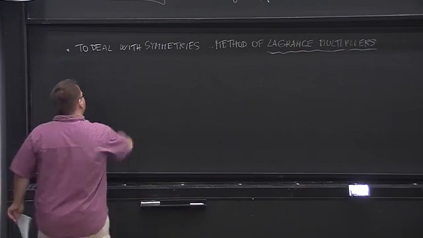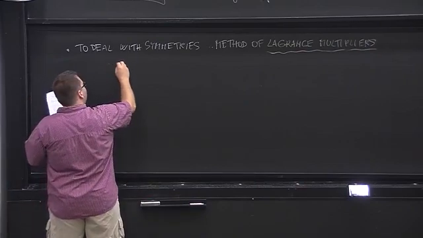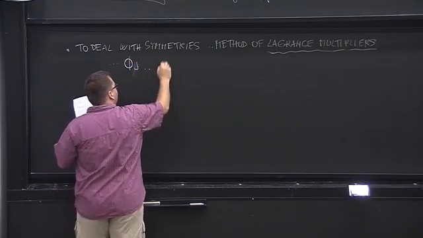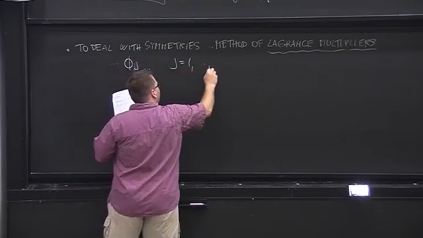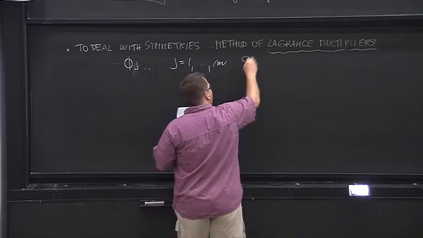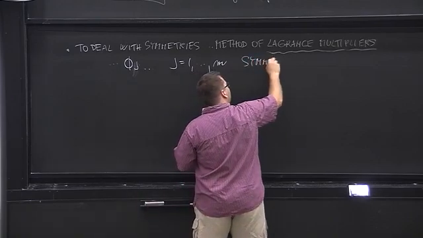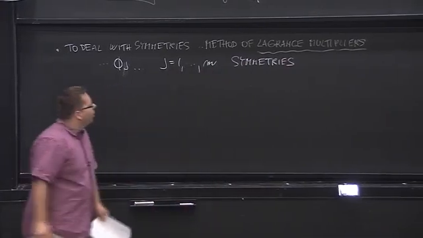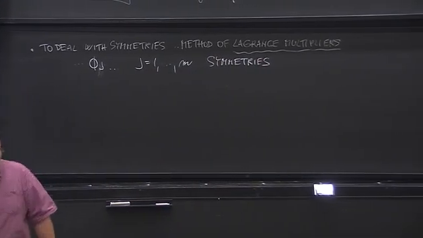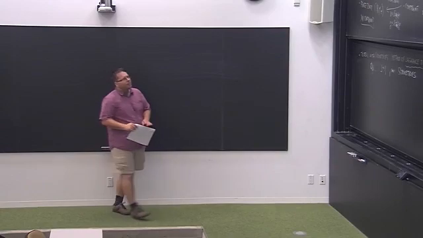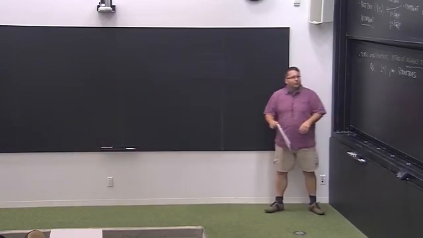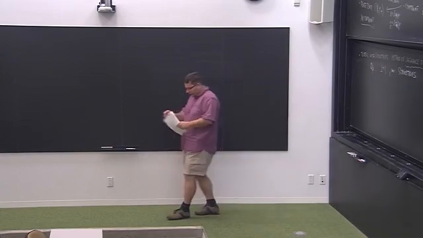If we have M symmetries, let's say phi j, where j is 1 to M, then if you want to find the motion, you don't just consider the Hamiltonian as given to you, but you have to add these constraints.